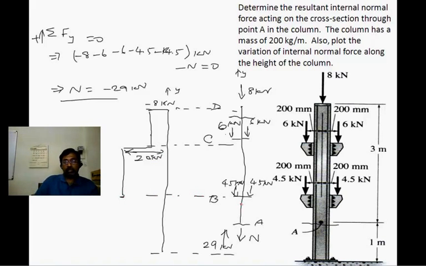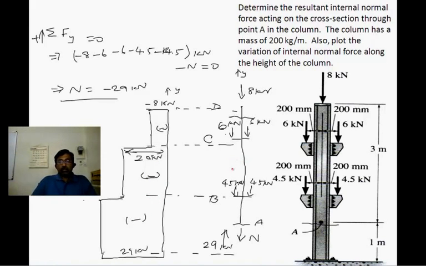At this level, again 9 kilonewtons get added up, and therefore you have 29 kilonewton force acting like this. I'm just representing these as negative forces, basically acting upward. Later on we will understand the sign convention related to internal forces, but for now I've just taken a direction and plotted this.